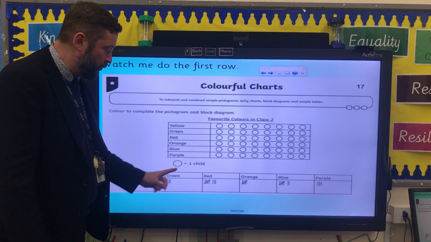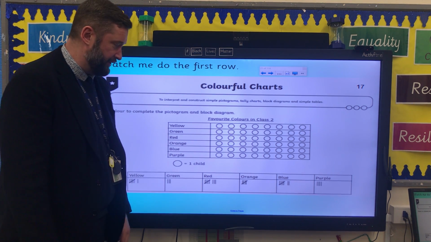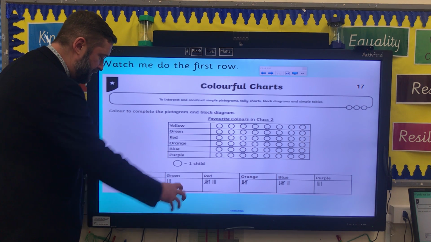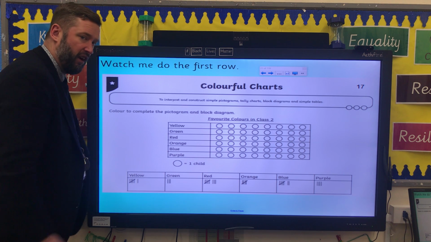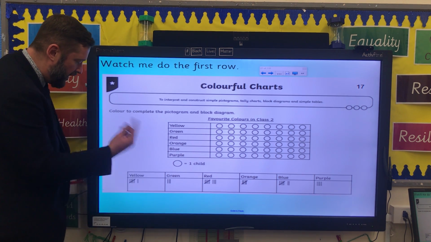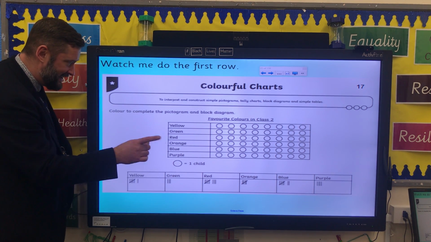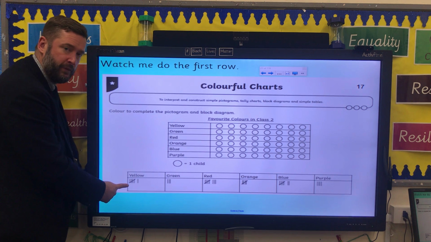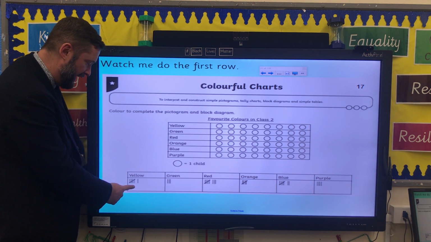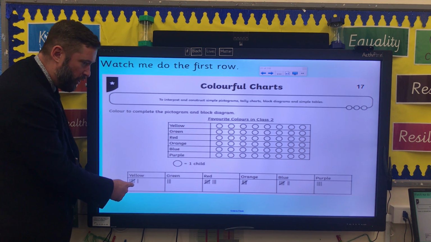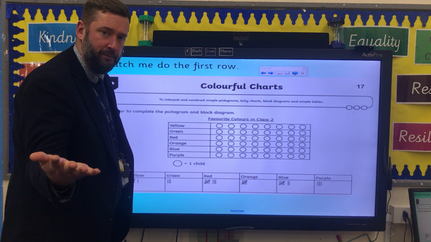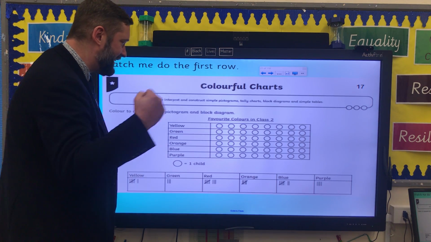And as I said, one circle equals one child. So all you've got to do is interpret the tally chart and colour in the right number of circles. How many children said yellow was their favourite colour in class 2? Well, I've got 5 and one more. How many altogether? Yes, 6 children.